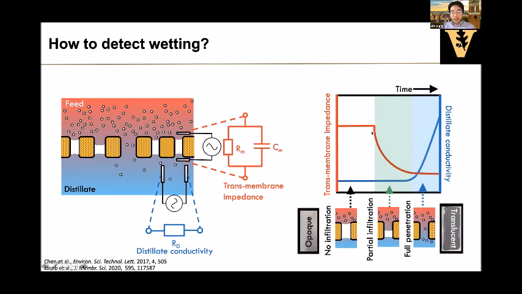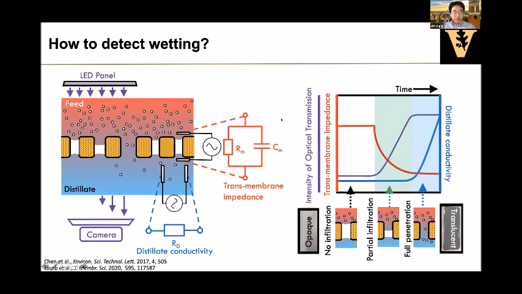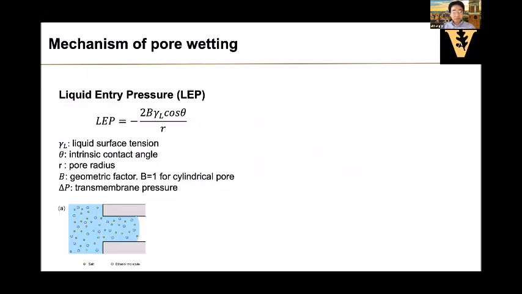With that approach, you can measure the transient behavior of wetting. Another approach is optical, where you measure the intensity of light transmission through the membrane, which takes us a step forward because now you can have spatial information about the distributed wetting.